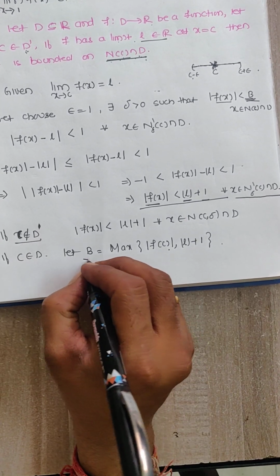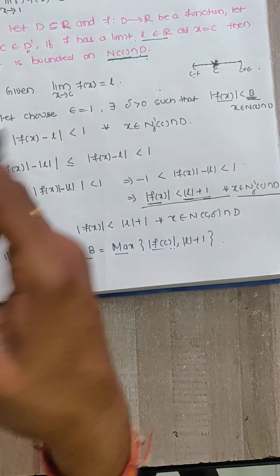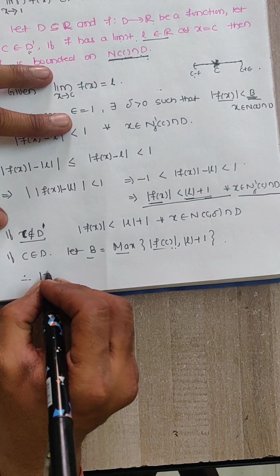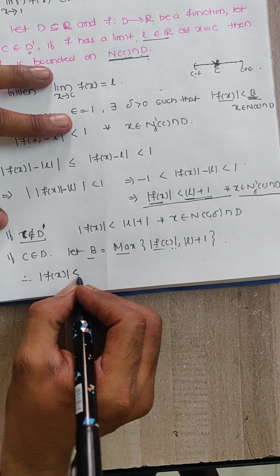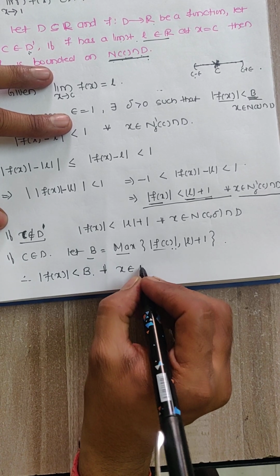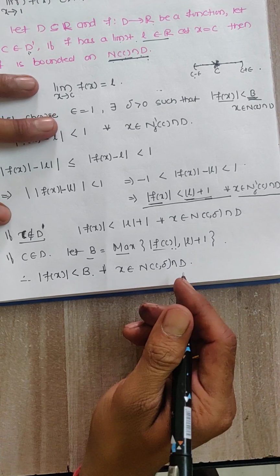So I will take B equal to the maximum of mod f(C) and mod L plus 1, which will work for all points. Hence mod f(x) is less than that B for all x belonging to the neighborhood of C intersection with D.